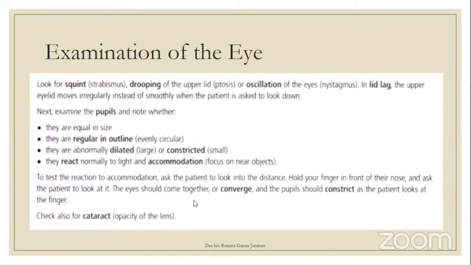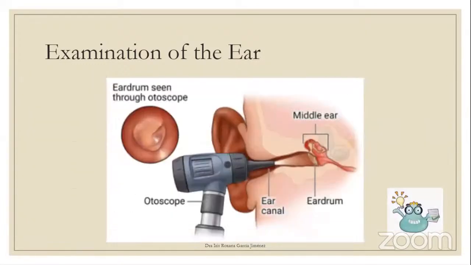This process is just the general way to evaluate the eyes. And now, how we make the examination of the ear. We prepare the otoscope and we check into the ear canal. We have the chance to position the otoscope correctly and check the eardrum.